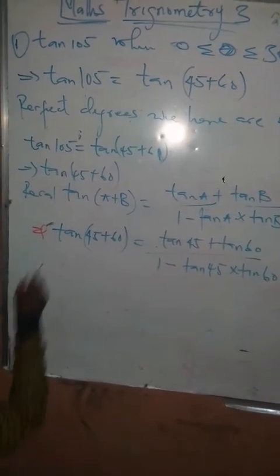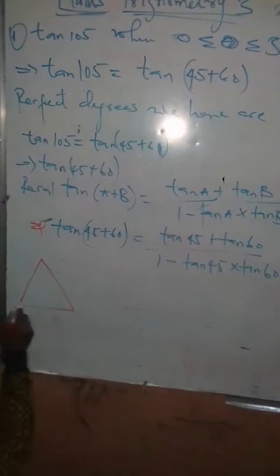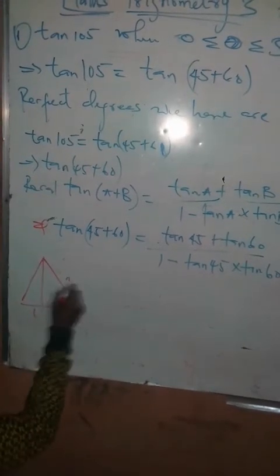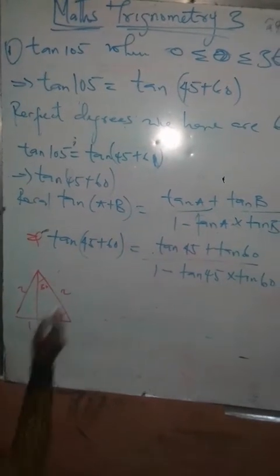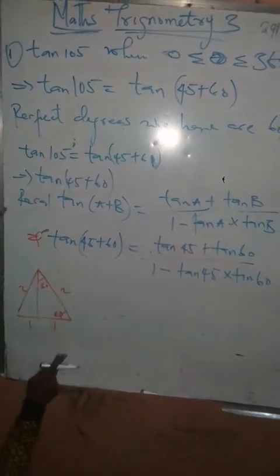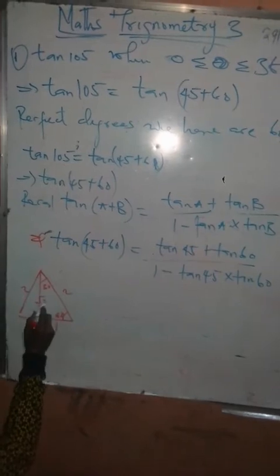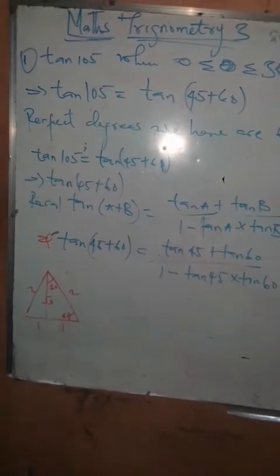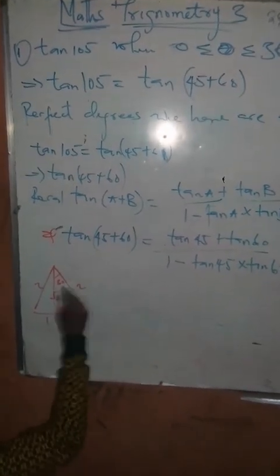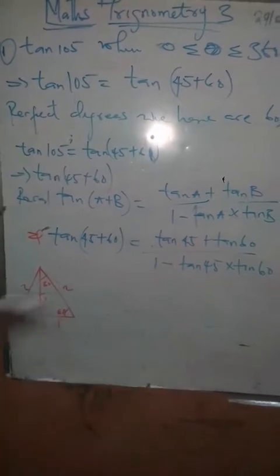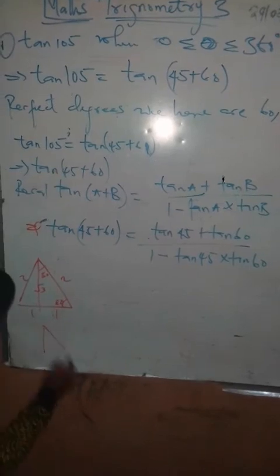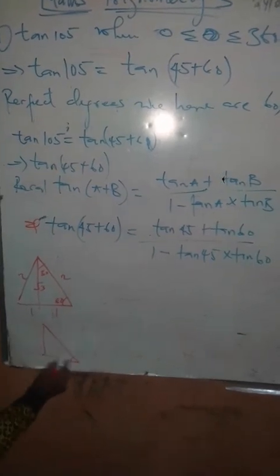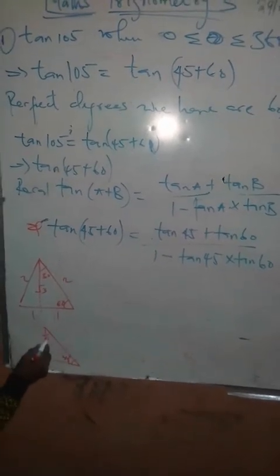We have a triangle with sides 1, 2, and angles 30 and 60, and solving it with Pythagoras theorem, the third side is root 3. Also we have a right angle triangle containing angle 45 each.